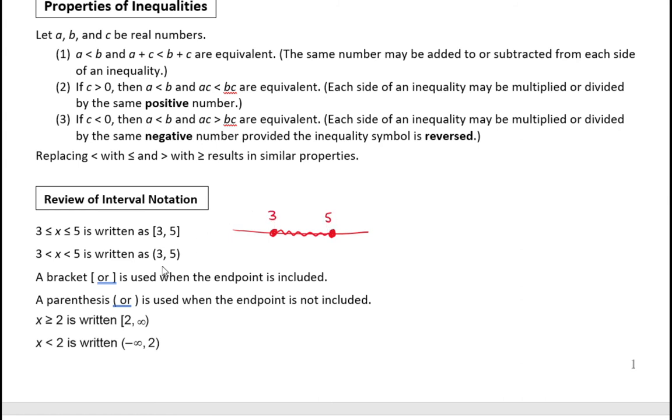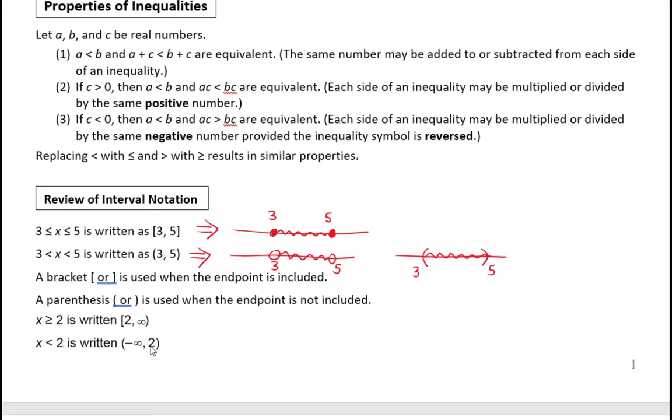If you have parentheses, then 3 and 5 are open, and you take the numbers between them. This is for that one, and this is for that one.